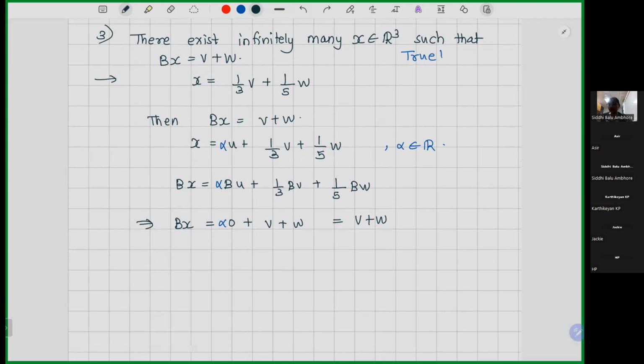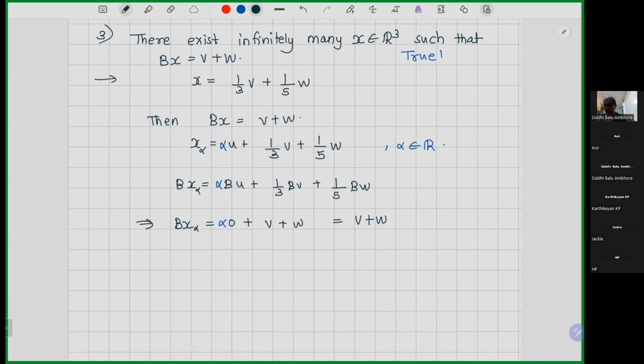So we produced this x alpha such that B x alpha is V plus W. That's why this much is enough to show that there are infinitely many x.